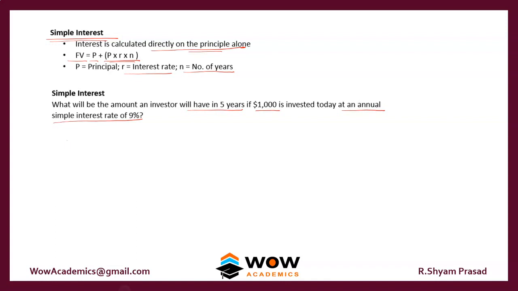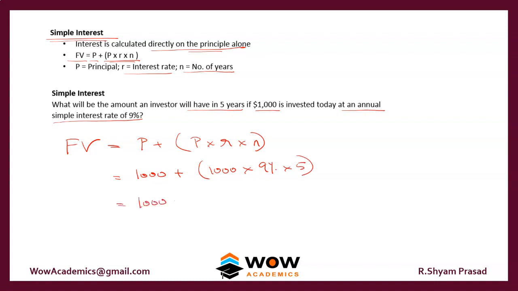So the future value that the investor will receive is P plus P into R into N. The P here refers to the principal, which is 1000, plus another 1000 for the principal into the rate of interest, which is 9%, into the number of years, which is 5. So we'll add: this is the principal part 1000, the interest part will be 450. So the total amount will be 1450.